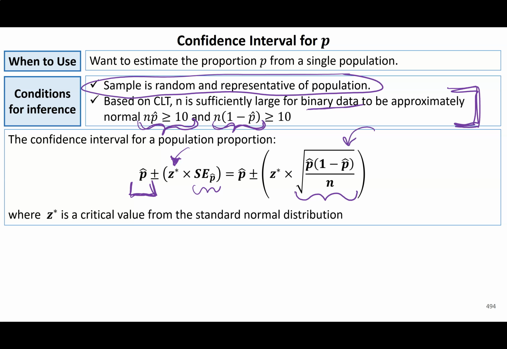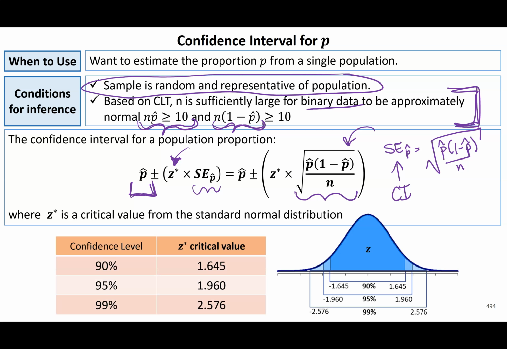For a confidence interval, the standard error for p hat is the square root of p hat times 1 minus p hat over n. I am pointing this out because the standard error for p hat when we do a hypothesis test is slightly different. So just keep an eye on that.